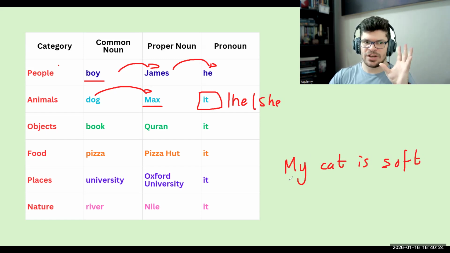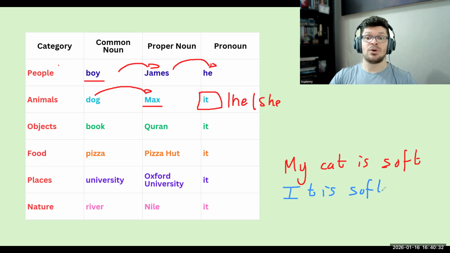In normal situation, we will say it is soft. We talk about cat. Okay. Some situations, people will change. Maybe my cat is male. He is soft.